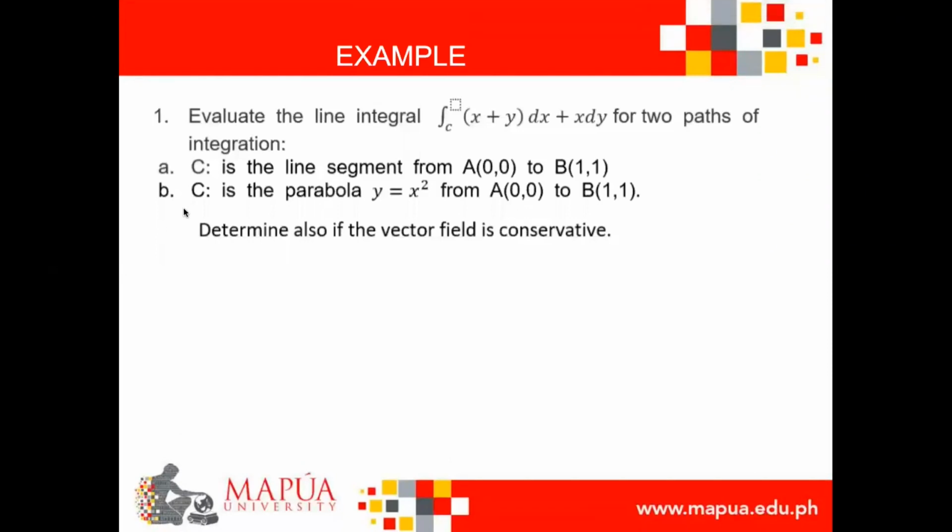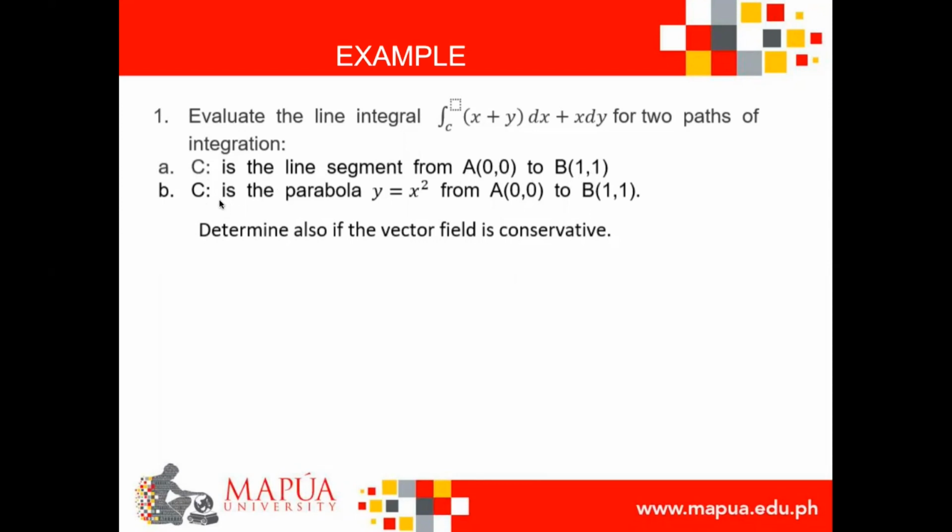Let us have the following examples. It says here, evaluate the line integral of x plus y dx plus x dy along the curve C for two paths of integration. So we have letter A, the curve C is the line segment from A with coordinates 0, 0 to B with coordinates 1, 1.